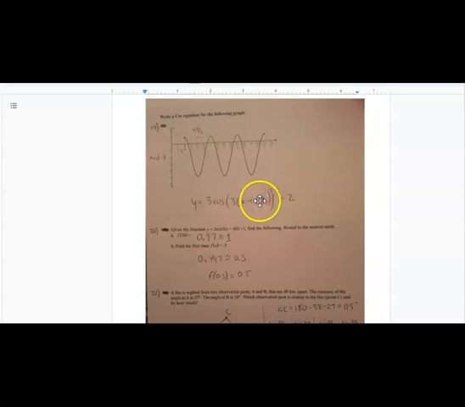And it has a period of 2 pi over 3, because the space between these two maximum points is 2 pi over 3. So 2 pi over 2 pi creates 1, but we have 2 pi over 3 differences, so that means multiplying x times 3.